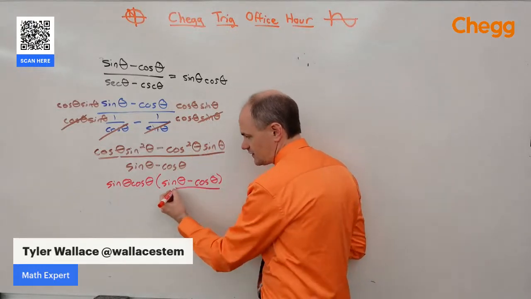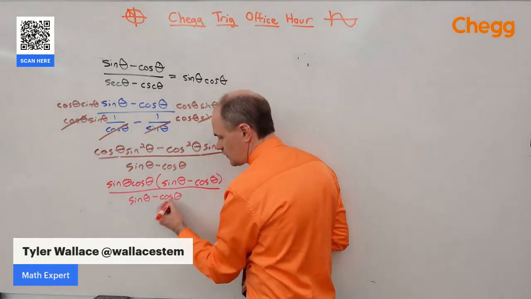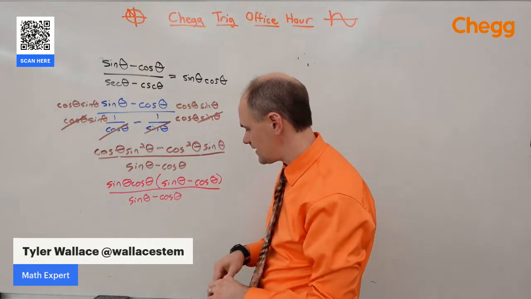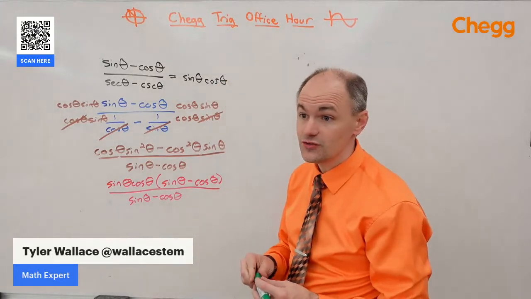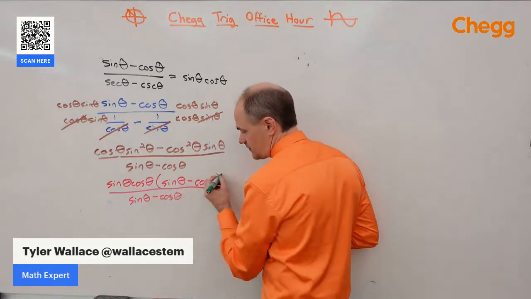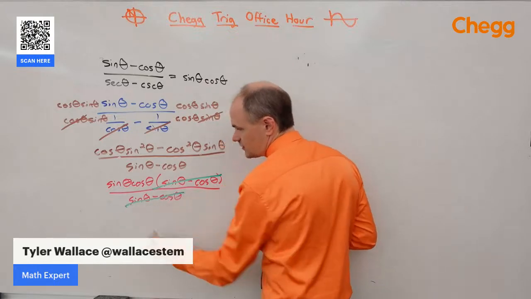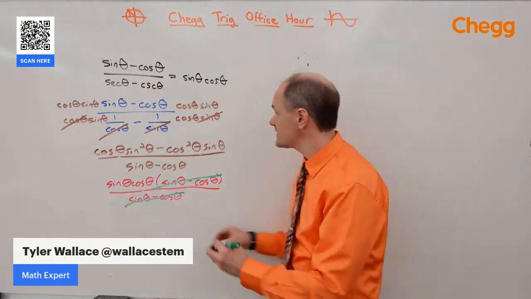And the sine is gone. All over sine minus cosine. Now that it's factored, now you can reduce entire factors. So the sine minus cosine appearing in numerator and denominator can reduce out. And that just leaves me with sine cosine.